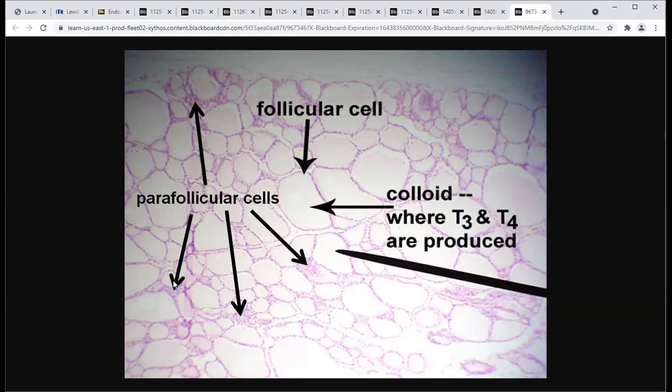And when there is a too high blood calcium level, parafollicular cells secrete the calcitonin. So there's a division of labor inside the thyroid gland. Follicular cells are responsible for producing T3, T4, and parafollicular cells are responsible for producing calcitonin.